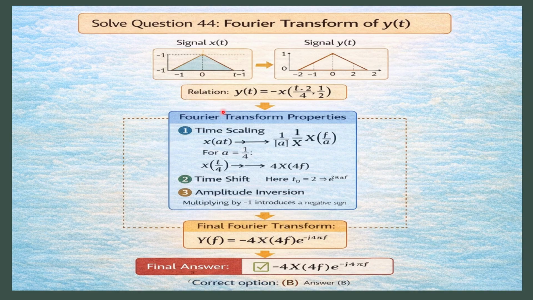So this is our signal having the transform X(f), and we will get y(t) using these properties: the time scaling property, the time shifting property and the amplitude scaling property, to get the final Fourier transform of the required y(t).